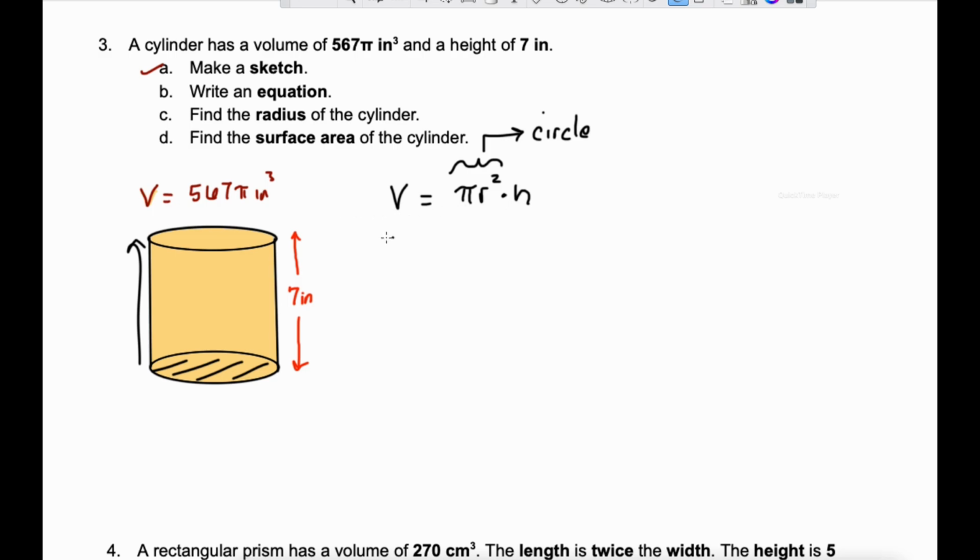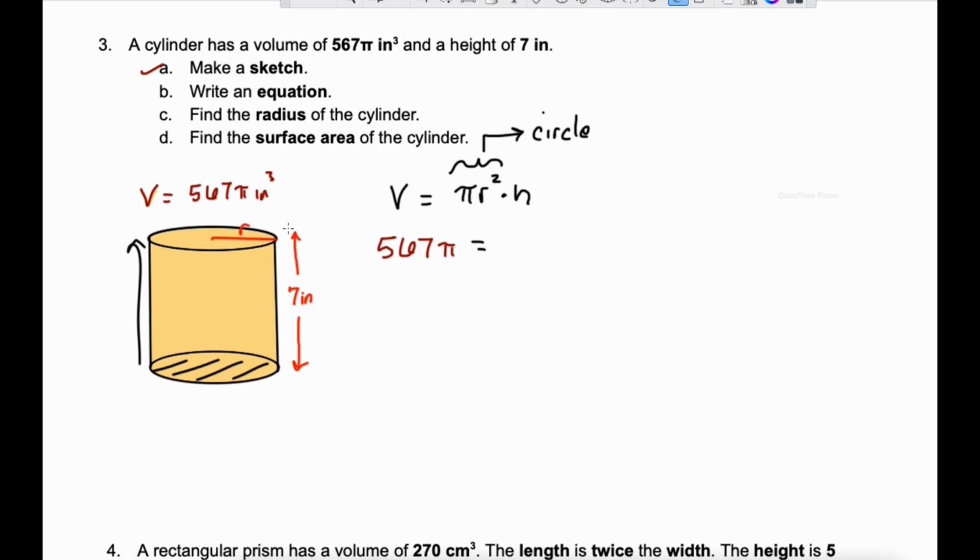So what do we know? We know the volume is 567 pi, so we substitute that in for V. And r is a length that goes from the center of a circle to a point on the circumference.